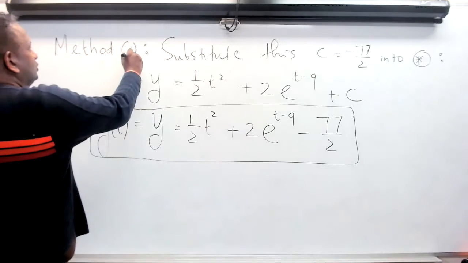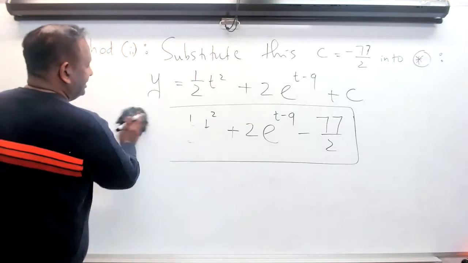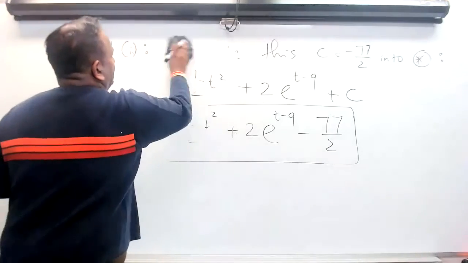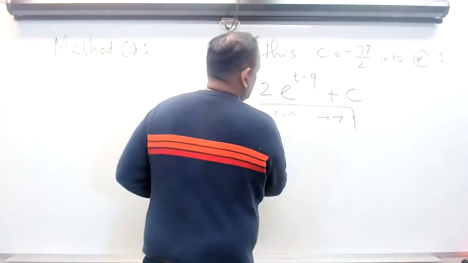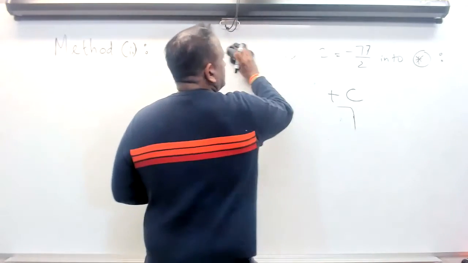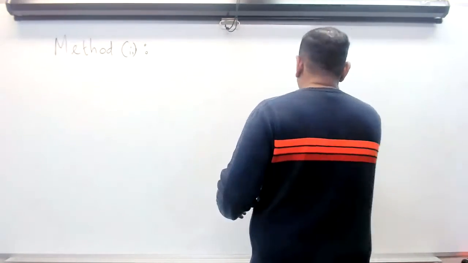What's method 2 to get the c? When you come to this stage, can you remember? I'm talking about method 2.